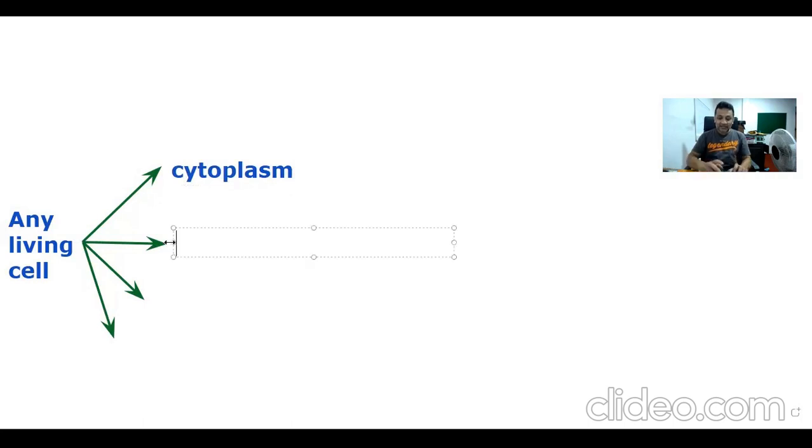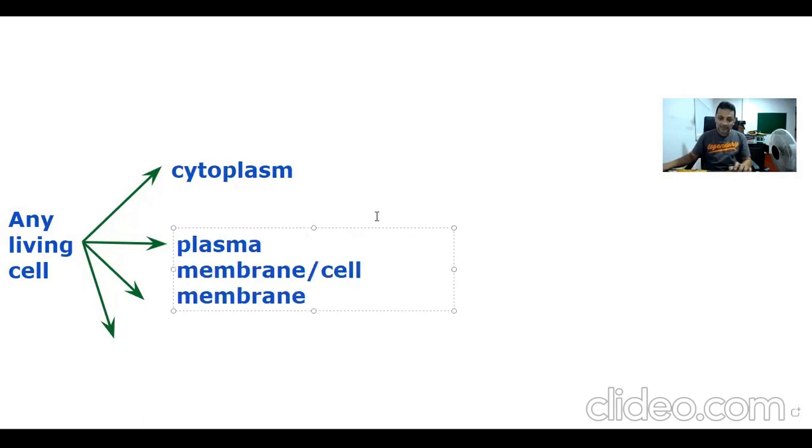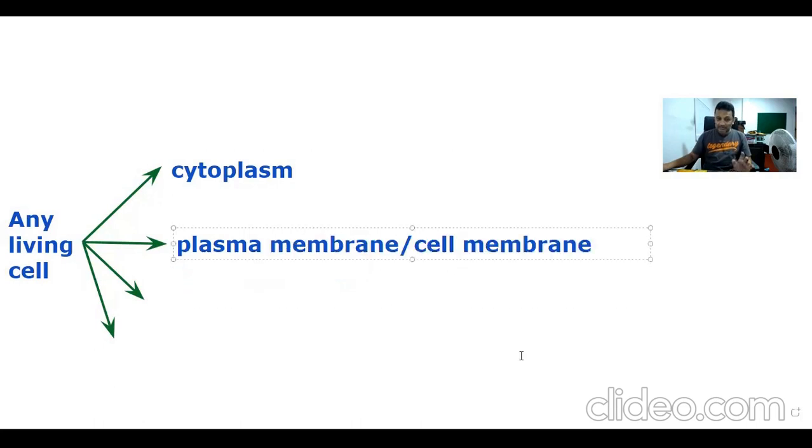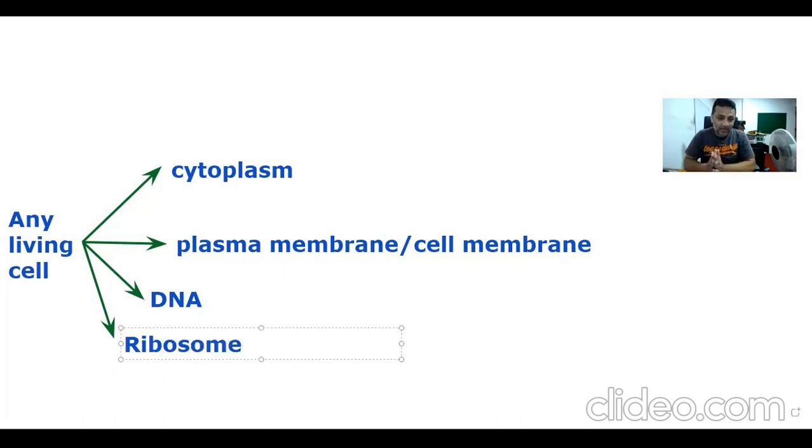The second is the plasma membrane, or otherwise you can call it the cell membrane. The third component is DNA, the genetic material, and the fourth one is ribosomes. Any living cell definitely would have these four components, whether it is prokaryotic or eukaryotic. So cytoplasm should be there in all living organisms.